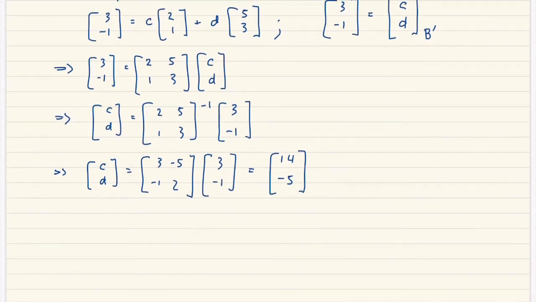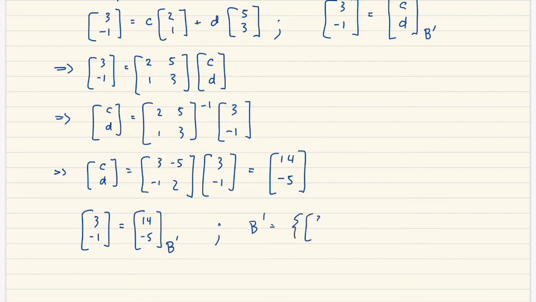And so it turns out that if I were to write the vector 3, negative 1, using our standard basis, I could also write that as the vector 14, comma, minus 5, relative to the basis B prime, where again B prime was the basis consisting of the vectors 2, 1 and 5, 3. Okay, so this is just another way to write a vector relative to this basis.